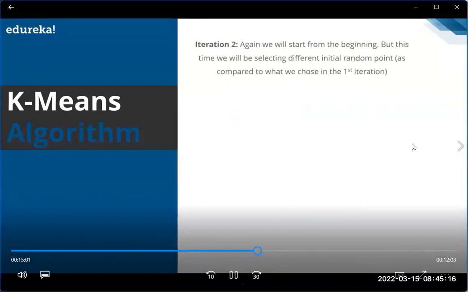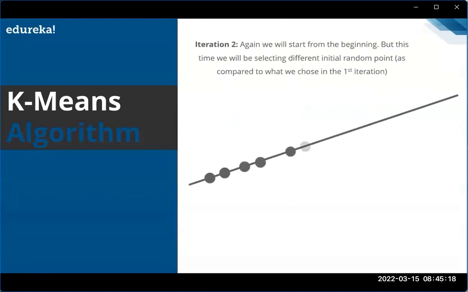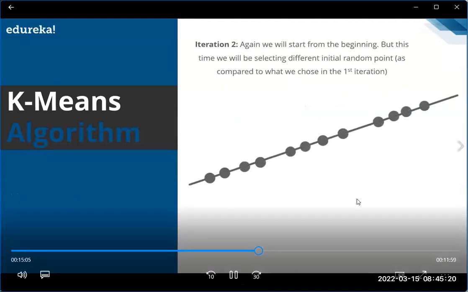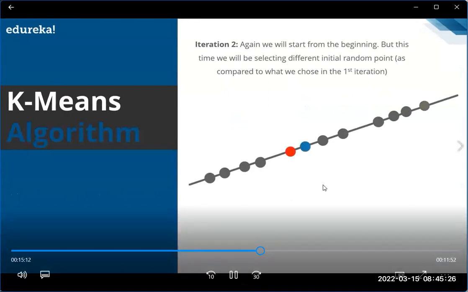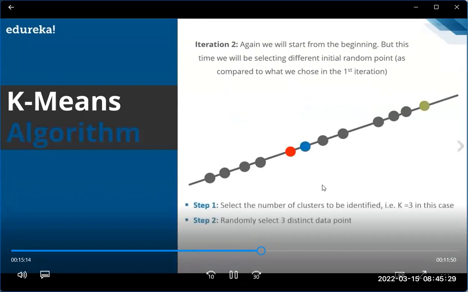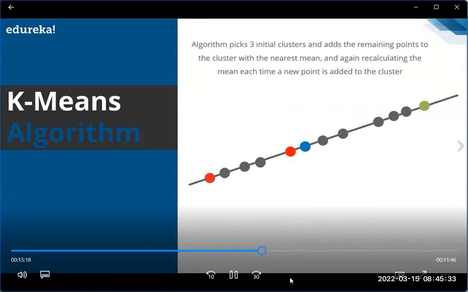So let's see once again, we are here at the beginning to choose 3 random points, but make sure that these 3 random points are completely different from those random points which we had selected in the very beginning. Okay, so what the algorithm does is pick 3 initial clusters and then add the remaining points to the cluster having the nearest mean, recalculating the mean each time a new point is added to the cluster.